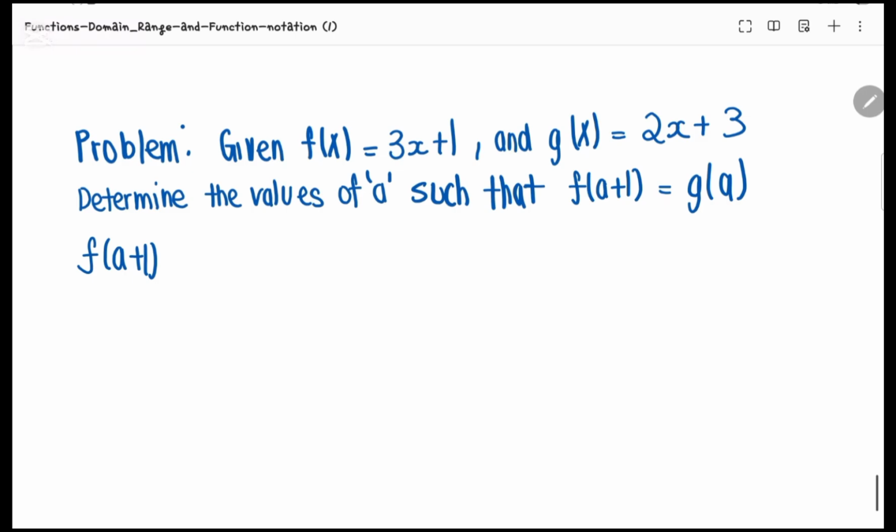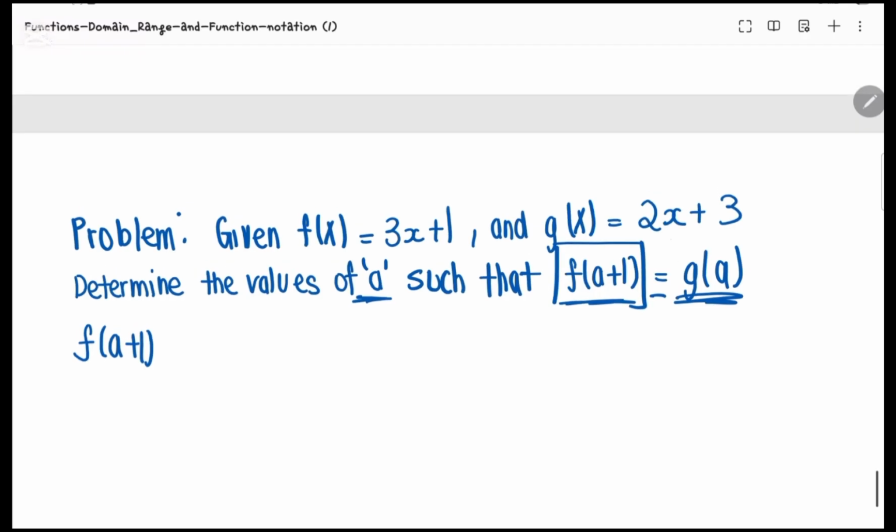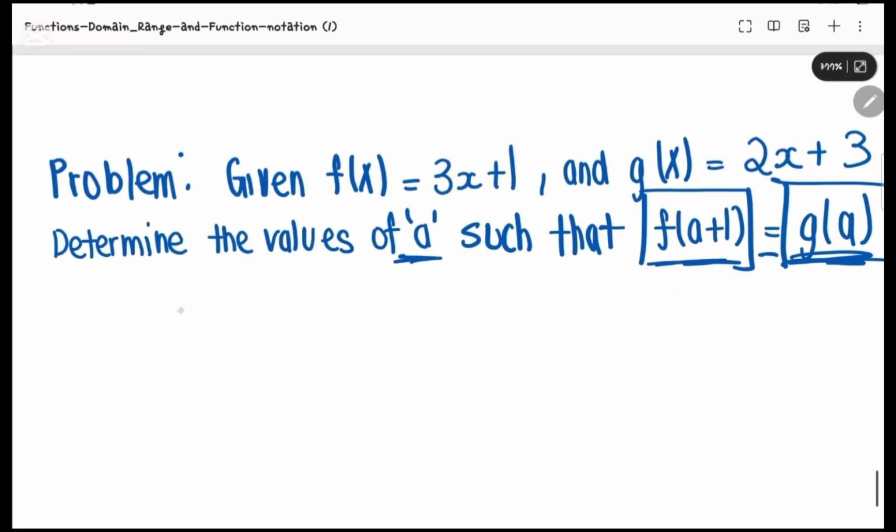It's saying, what a value satisfies f of a plus 1 equals g of a? So basically, we're just finding the expression for f of a plus 1 and the expression for g of a, and then setting them equal to each other. So let's find f of a plus 1 first. Same thing here: whatever is in the bracket, you plug in as x.